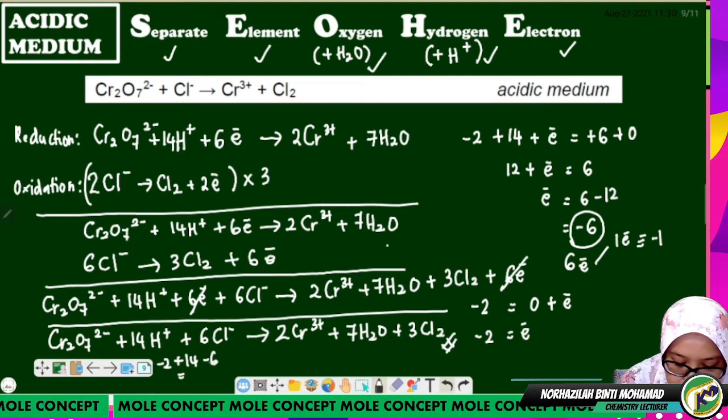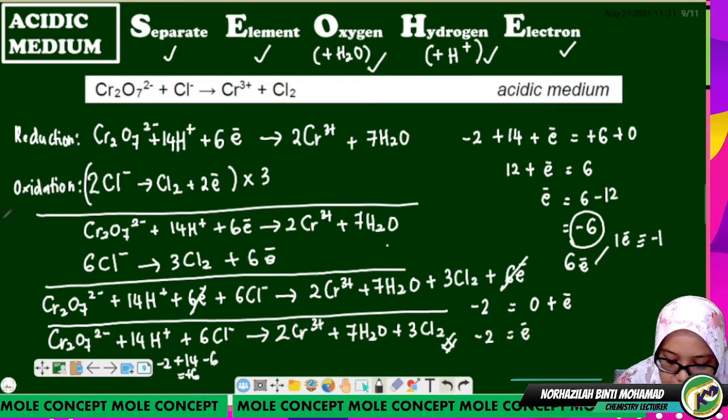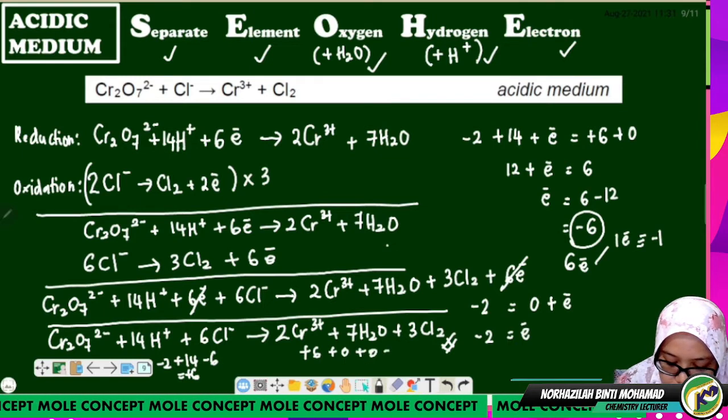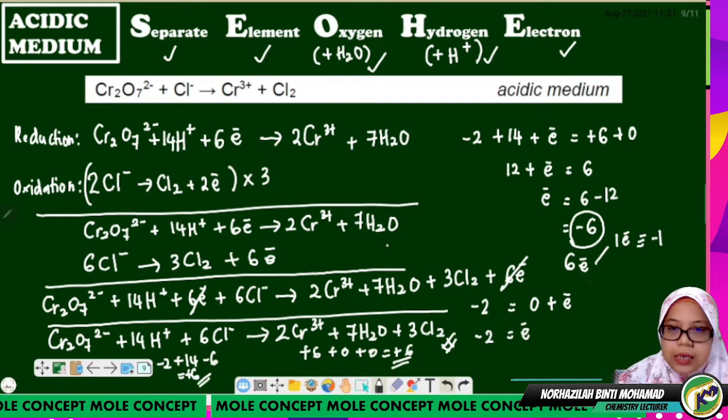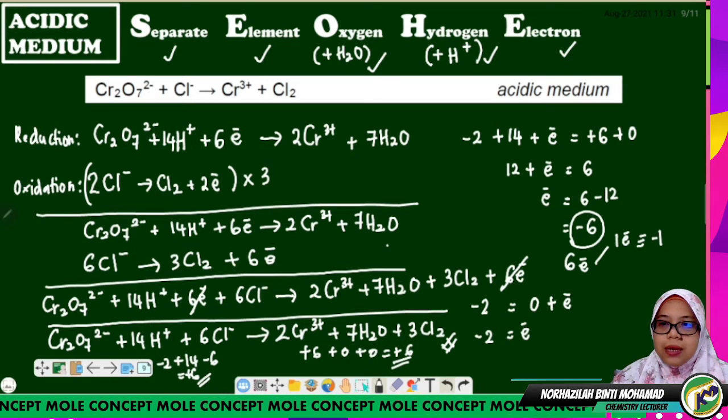So the total here is 14 minus 8, which is positive 6. On the product side, 2 times 3 plus means positive 6, this one is 0, this one is also 0. So the total is positive 6. The charge is the same, so your balanced equation is correct.